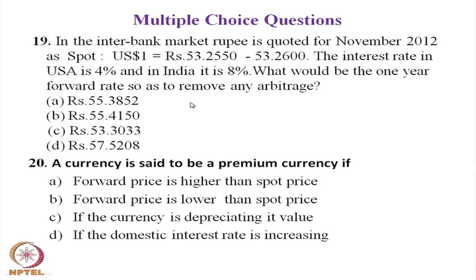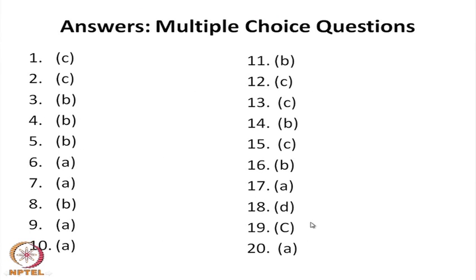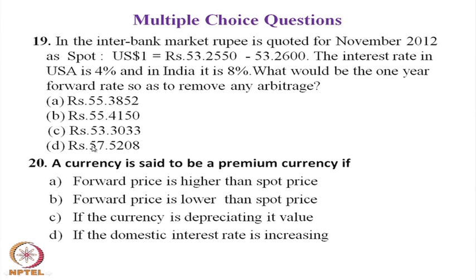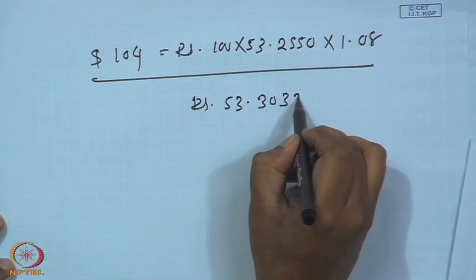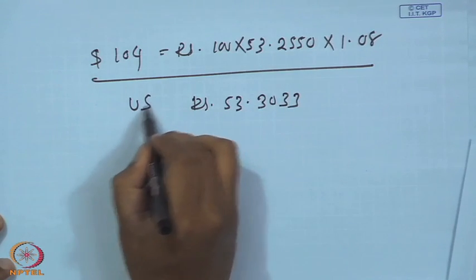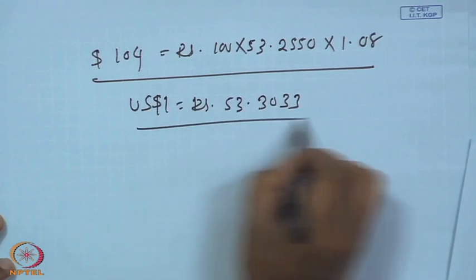To remove arbitrage, this will be the rate. If you calculate, the answer to question 19 is C, 53.3033 per US dollar.